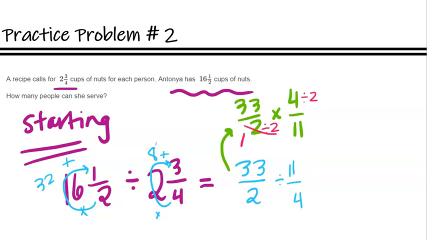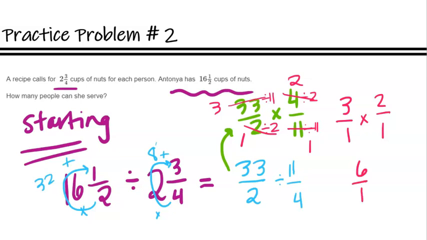So 2 divided by 2 is 1, 4 divided by 2 is 2. Same here, these are both in the 11 family. So that becomes a 1, that becomes a 3, and my problem just got so much simpler. 3 times 2 is 6, 1 times 1 is 1, 6 people can be served.